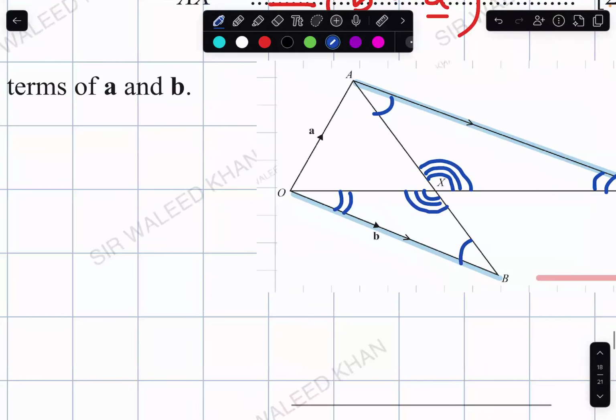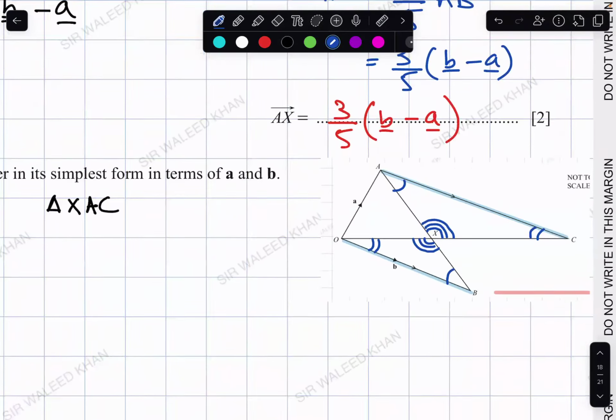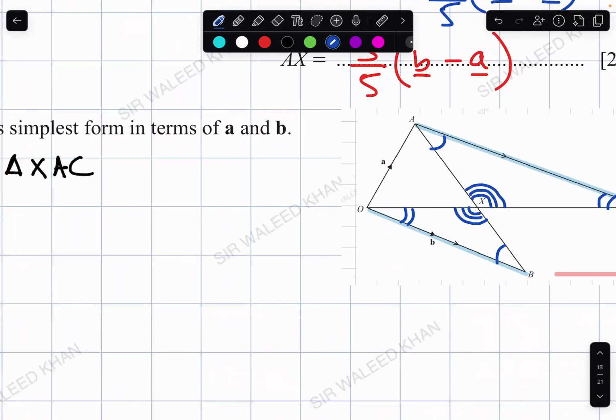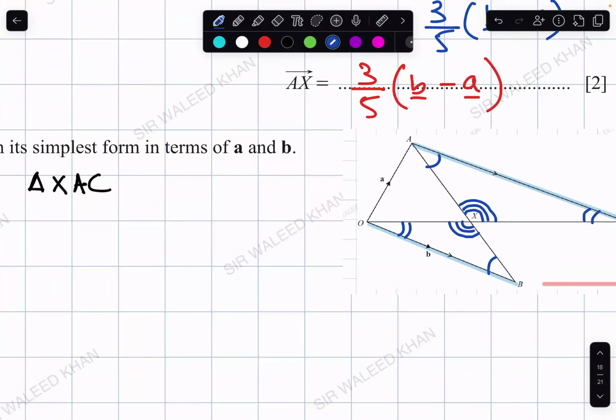Now, they are not asking you about anything related to these triangles. This is what your knowledge is being tested, right? These are similar triangles. And you should know that corresponding angles are equal. If the corresponding angles are equal, then these triangles are similar. And this is the most easiest form of similar triangles you can identify.